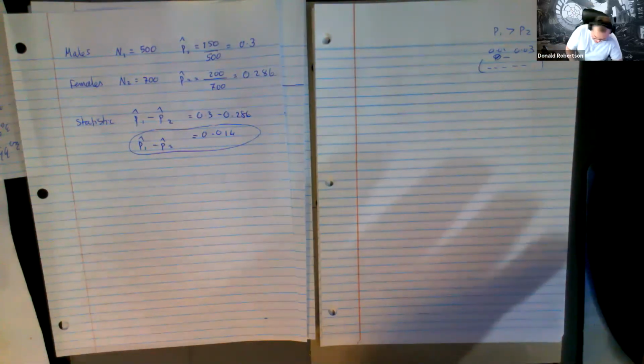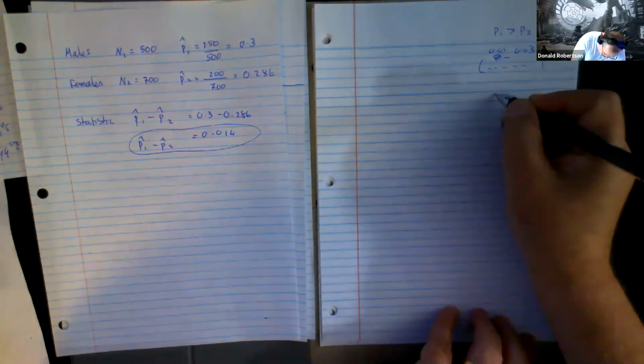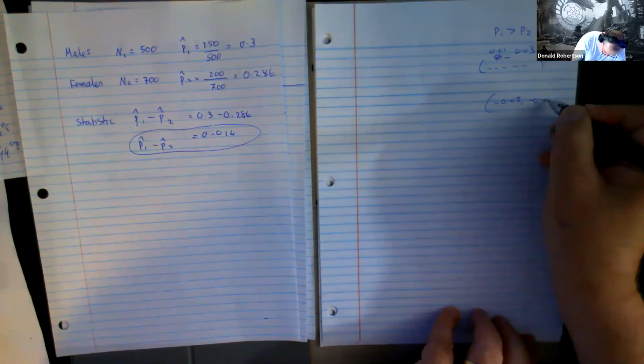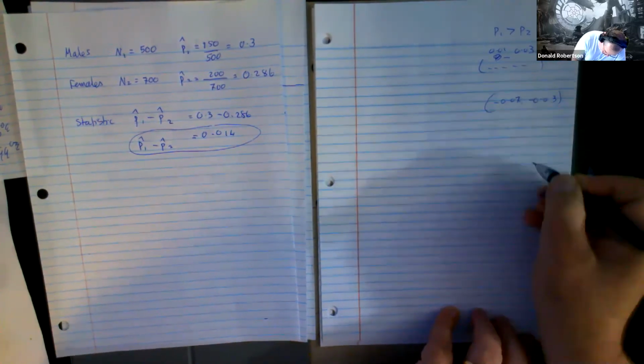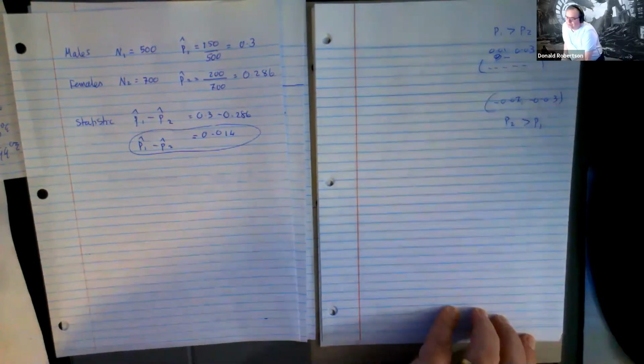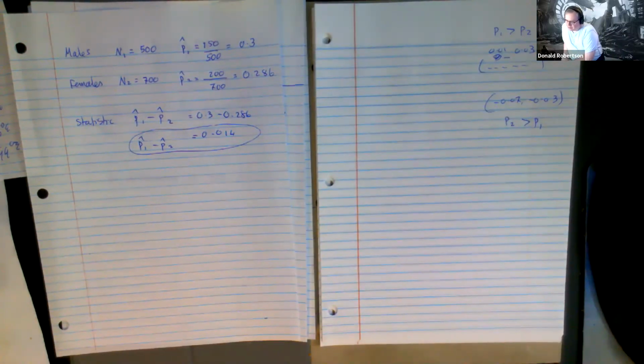In a different world, suppose that they were all negative numbers. Then wouldn't this be evidence that P2 is bigger than P1? If the difference is negative, the second guy's the biggest. We're only interested in which one's bigger than the other.